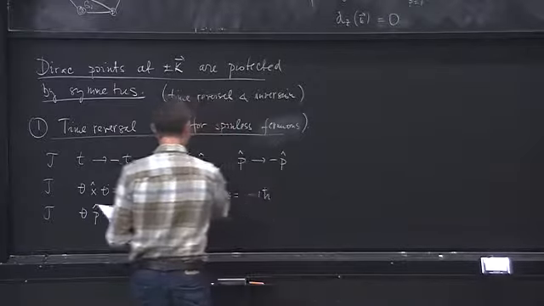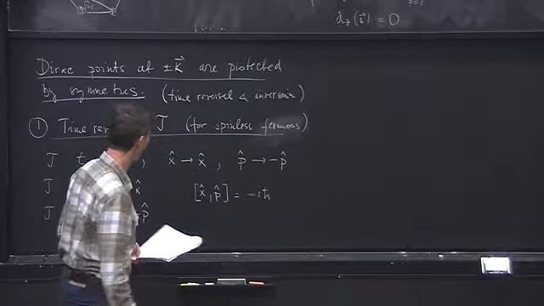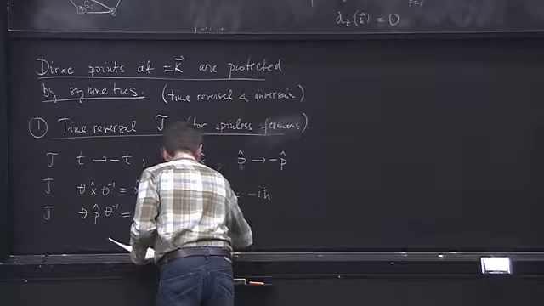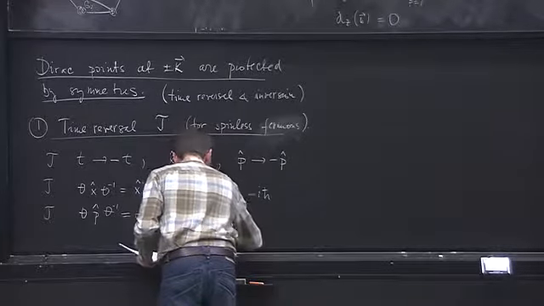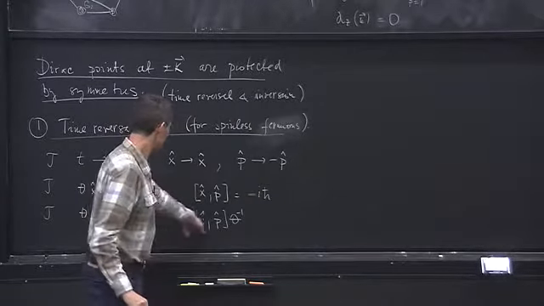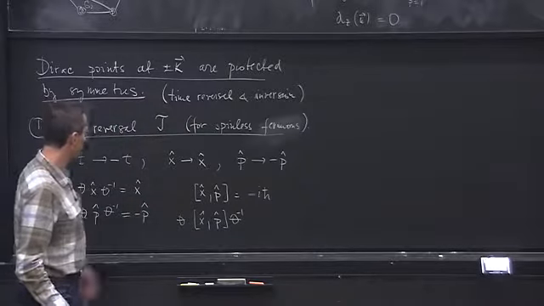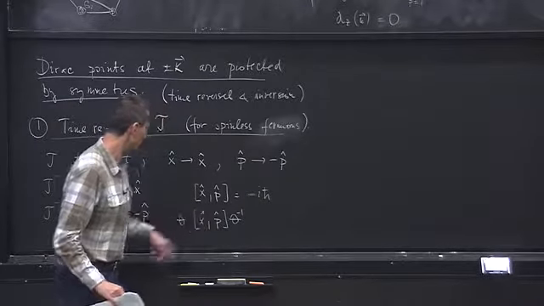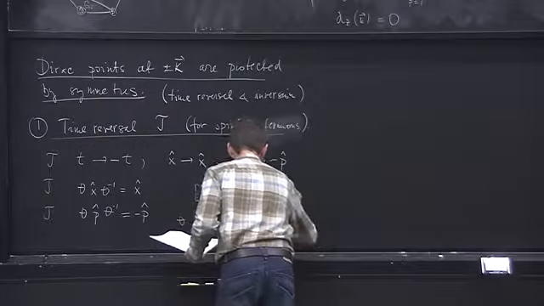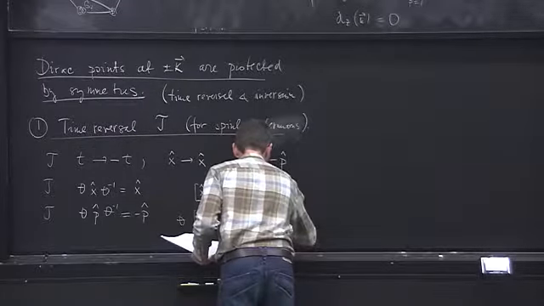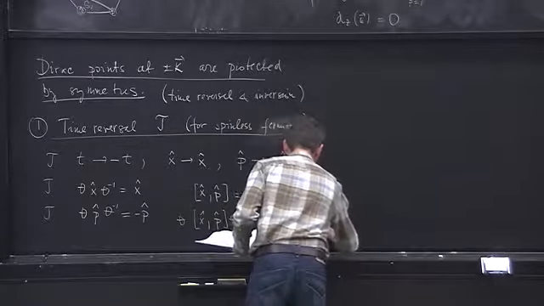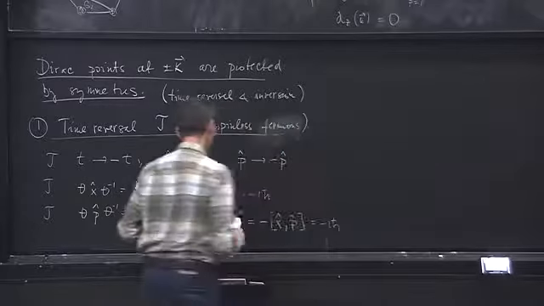Now imagine I do a time reversal operation on the commutator. So I do theta x p theta minus 1. On one hand, what this does is reverse the sign of p but not the sign of x, so it reverses the sign of my commutator, and this will be equal to minus i h bar.